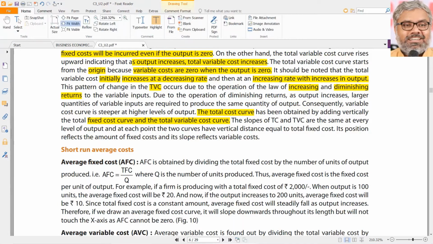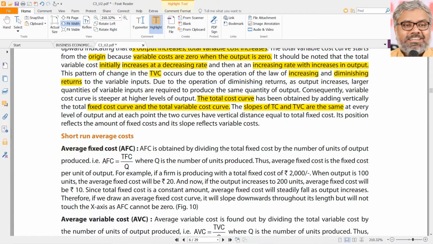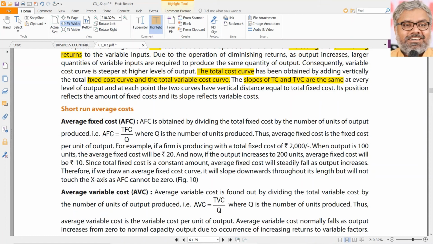These are all questions which are important theoretically, because each of them is a conceptual point. So what does it say? The slopes of total cost and total variable cost are the same at every level of output and at each point. At each point, the two curves have a vertical distance equal to the total fixed cost.